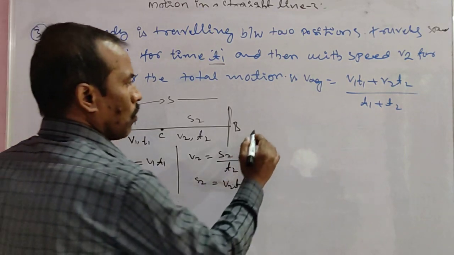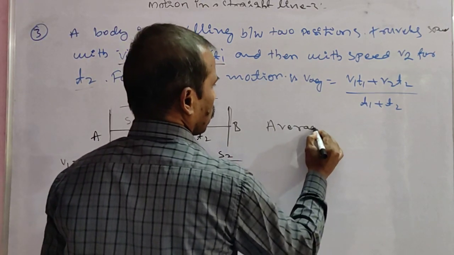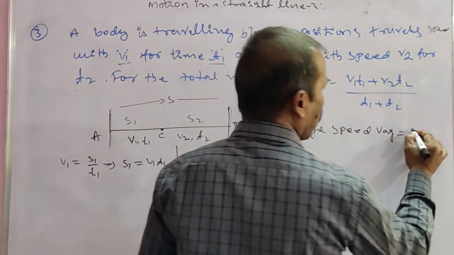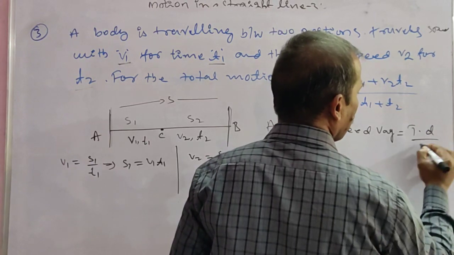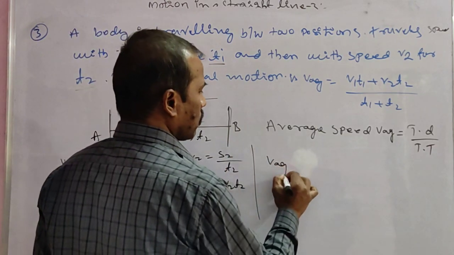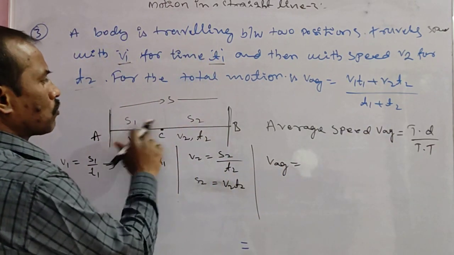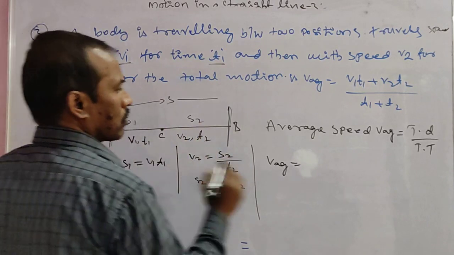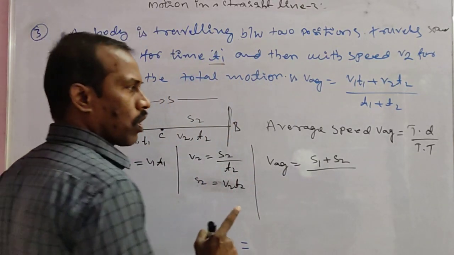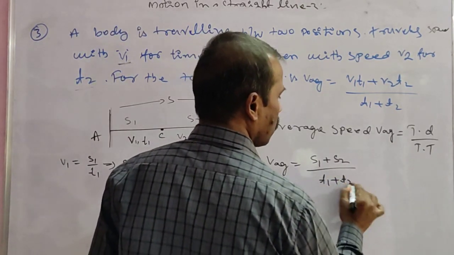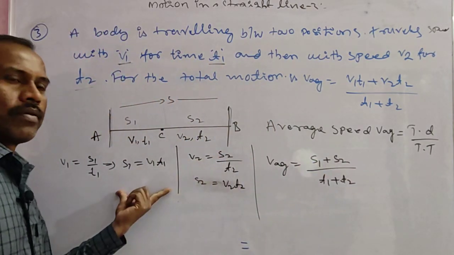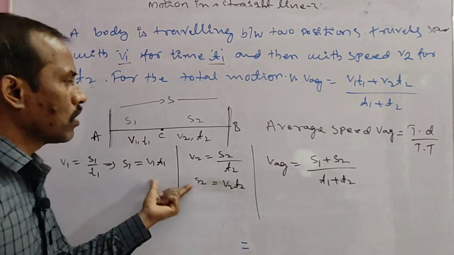Now average speed is equal to total distance by total time. That means total distance is s1 plus s2, by total time t1 plus t2. Now these s1 and s2 values we substitute in the formula.